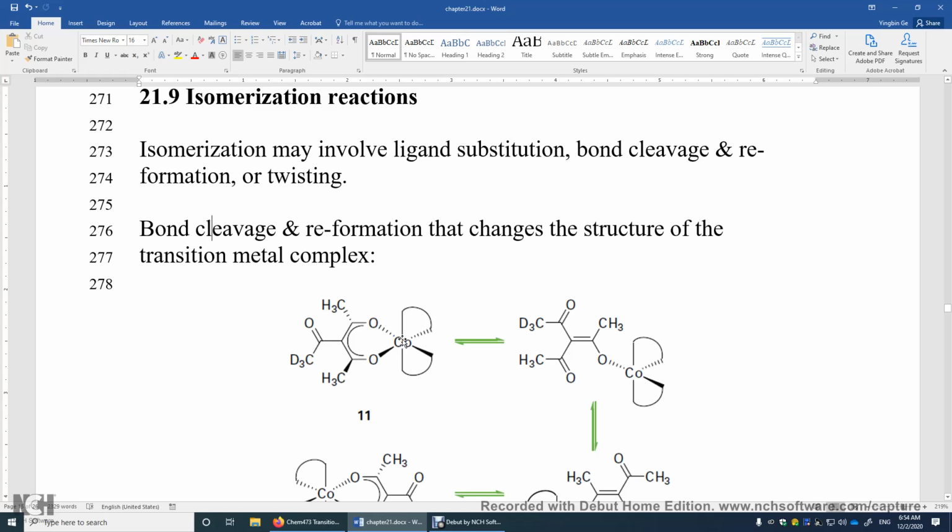But also you can draw the other Lewis structure with the negative charge on this oxygen. So this oxygen is O-. This O- has 3 lone pairs, and this is a single bond, and then this becomes a double bond, single bond, double bond, and this oxygen is neutral. So 2 resonance structures. But on average, you can say we have negative 0.5 charge on here, negative 0.5 charge on here.